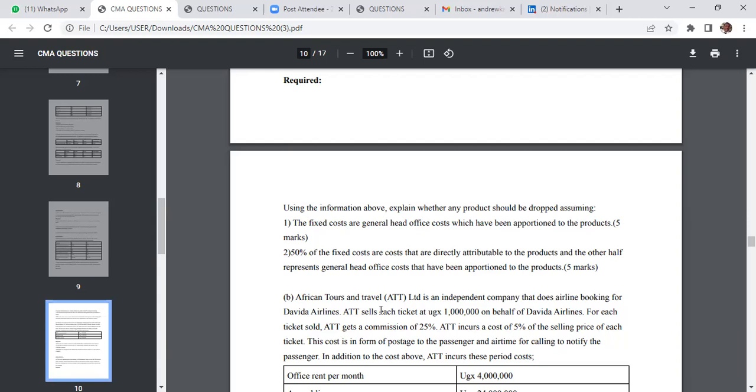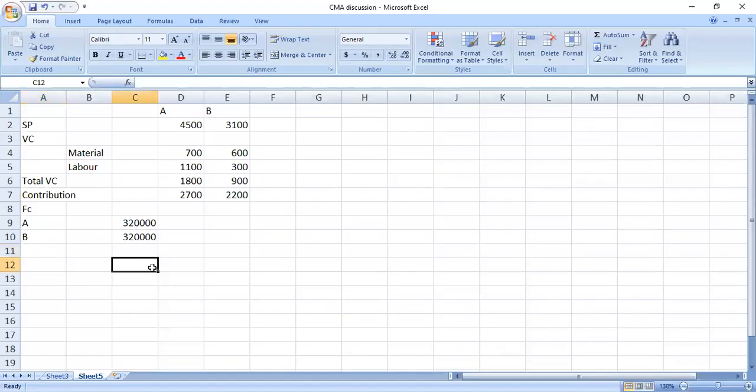So when you bring your information to the answer sheet to make a decision, you don't bring the general fixed costs, you only bring the ones that are directly attributable, which is the 50%. Hence 50% of this.